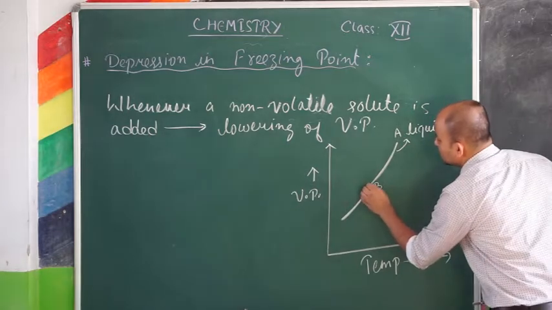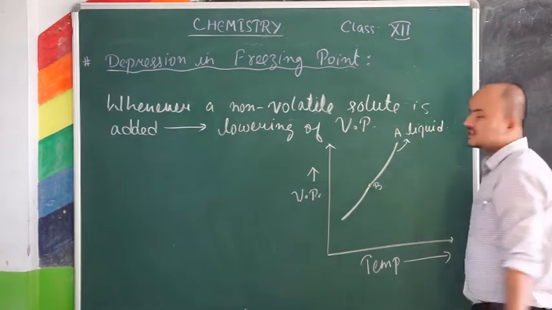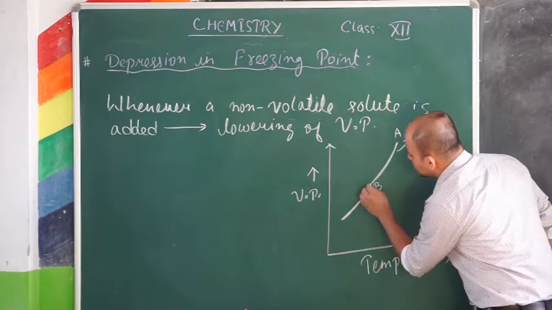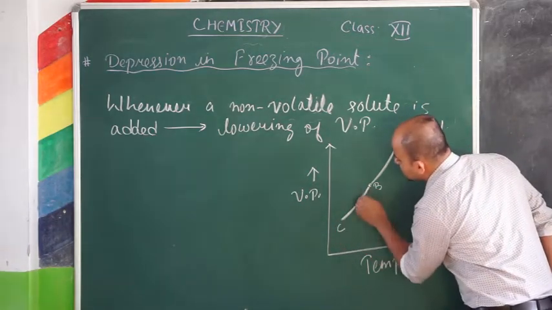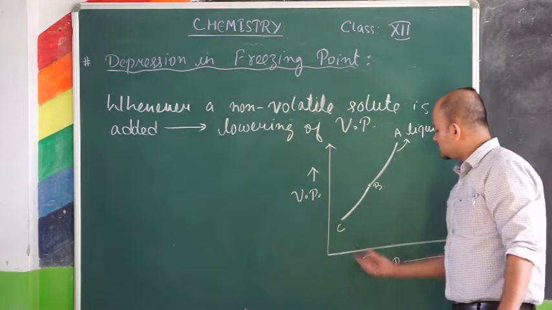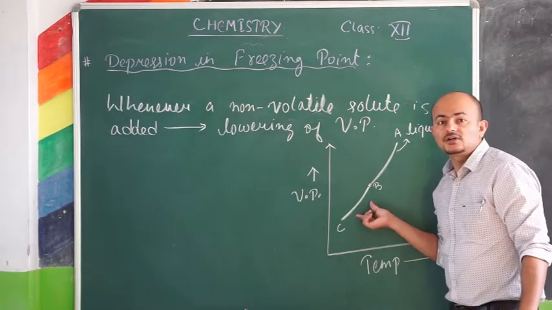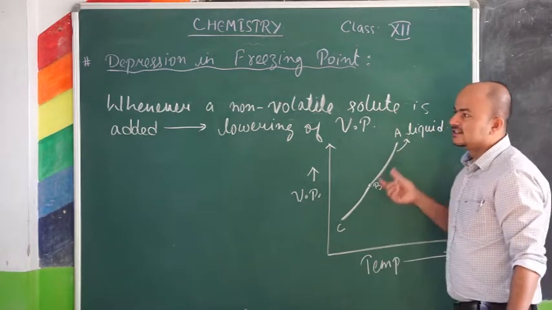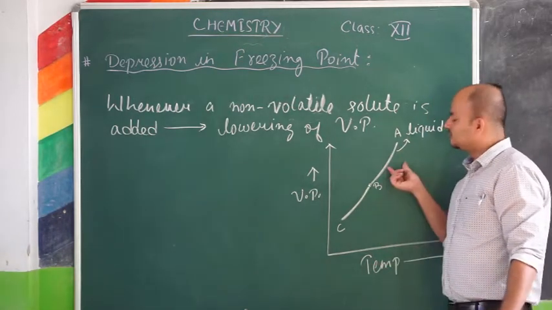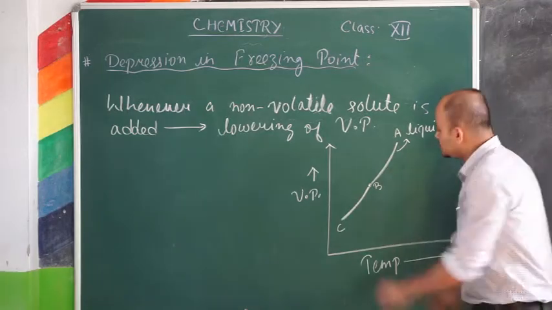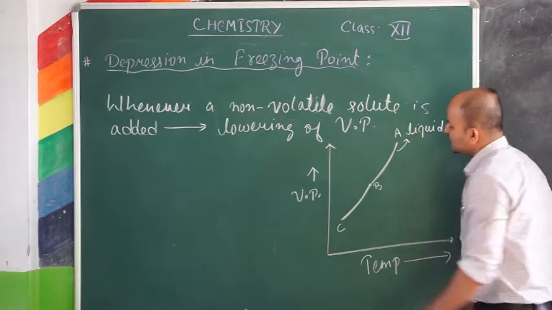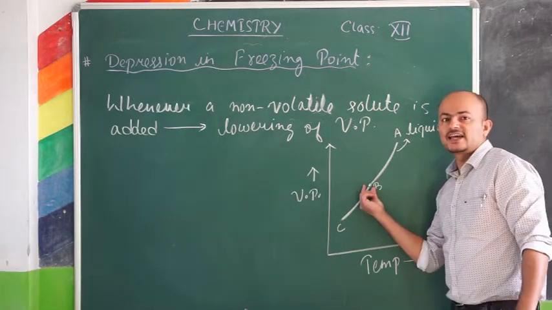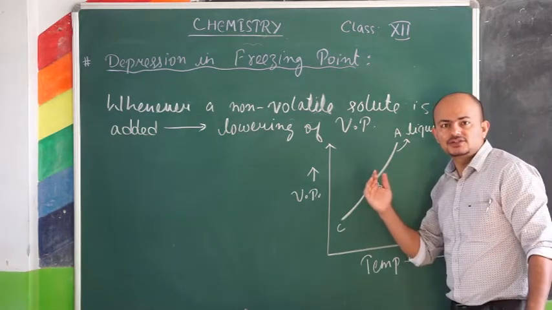This is the point at which the vapor pressure of the solid meets that of the liquid. The curve from B to C is the vapor pressure-temperature curve for the pure solid, and from B to A, this side, it is the curve for the pure liquid. This is the point where the solid state and liquid state meet, that means at this point they have the same vapor pressure.